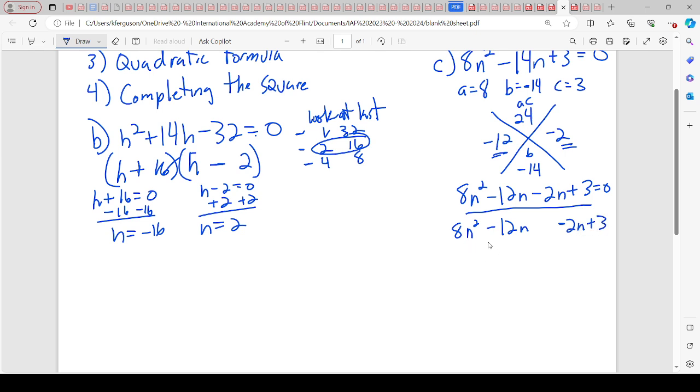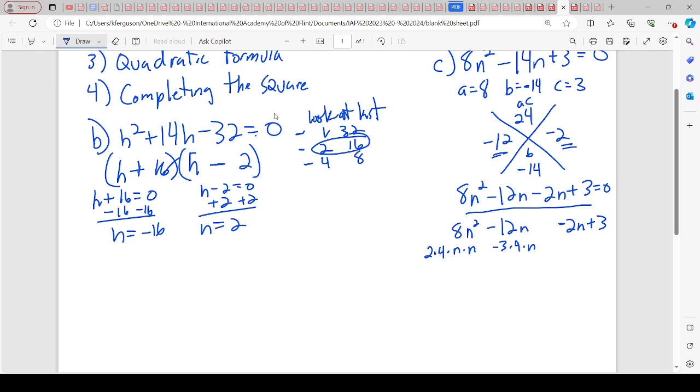So let's factor these first 2 terms. Now I'm going to make it a little easier for you to see. 8n squared is 2 times 4 times n times n. And negative 12n is negative 3 times 4 times n. So now I look at what those things have in common.